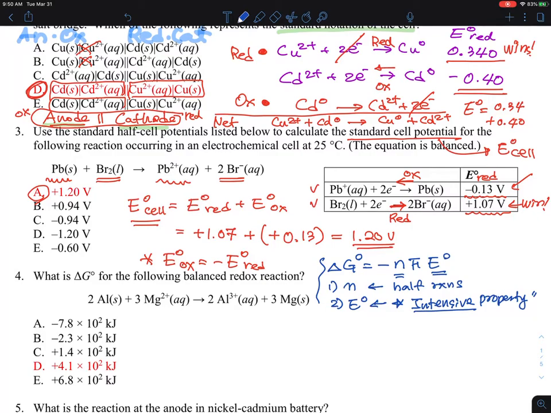So let me start from scratch, right? Aluminum solid gives aluminum 3 plus with 3 electrons, right? And then magnesium 2 plus plus 2 electrons gives Mg naught. This is a metal.